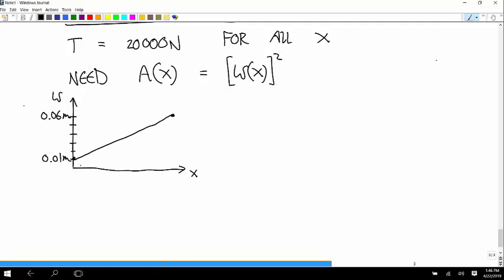And it's a linear function. So y equals mx plus b. B is 0.01, that's the y-intercept.